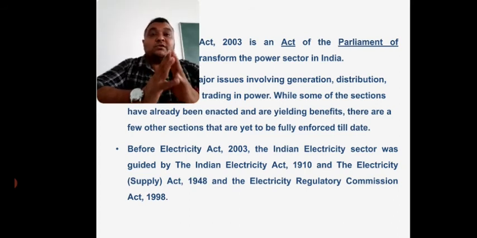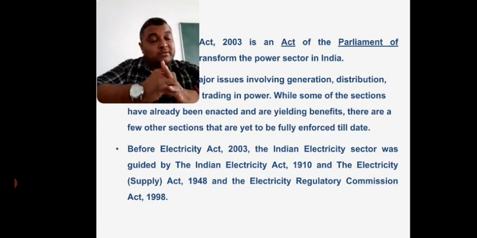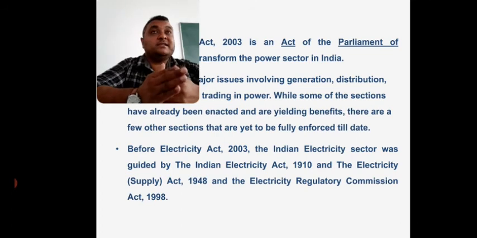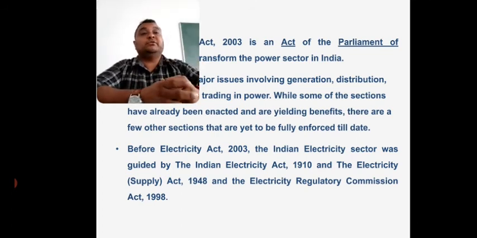And the use of higher and higher voltage levels and standardization of voltage levels happened due to the development and the demand of energy increasing day by day. Then development of mercury arc valves, that is, the power electronics device, comes into the picture.